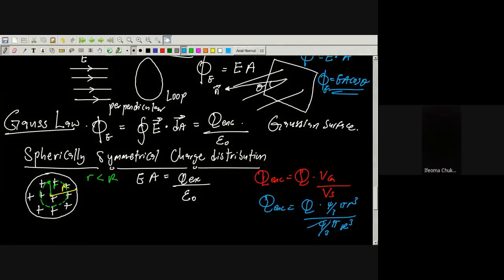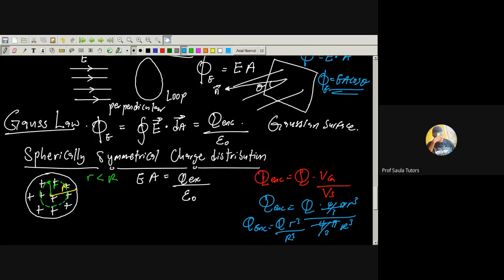So if this cancels this, it means that my total charge enclosed is equal to the total charge Q times r cube divided by R cube. So I'll be putting it here.